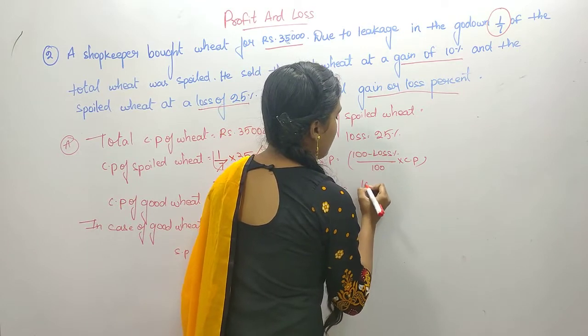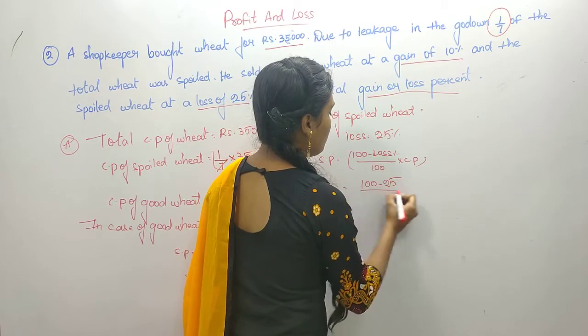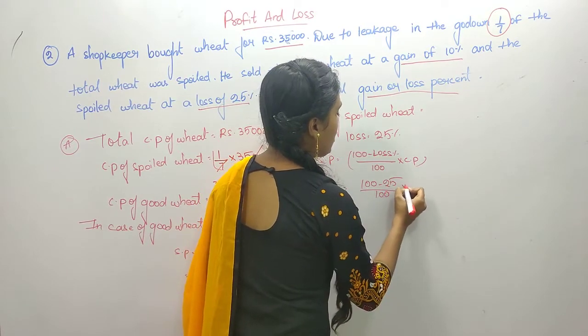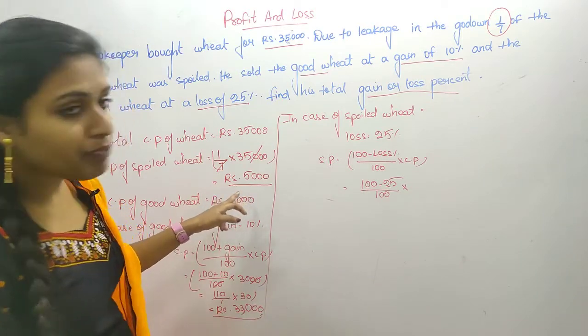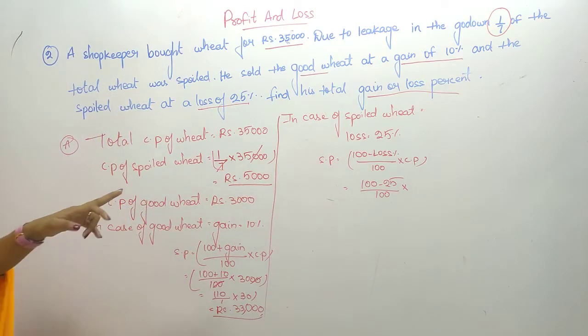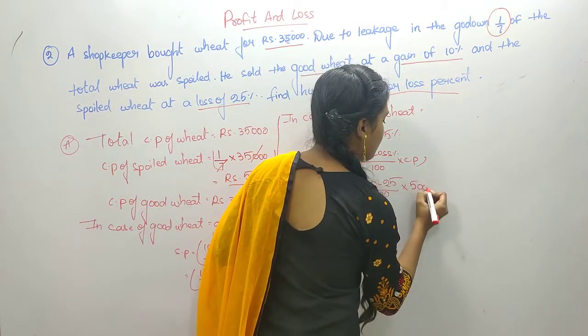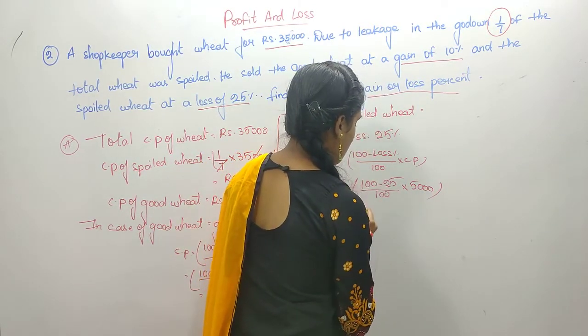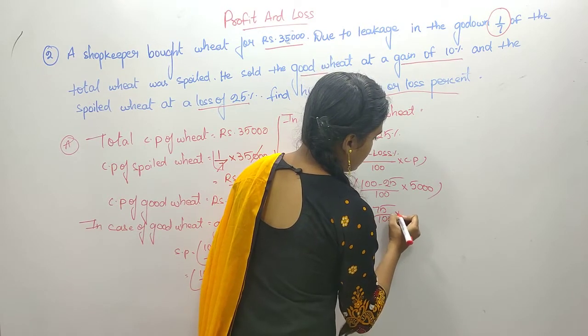Substitute: 100 minus 25, by 100, into the cost price of spoiled wheat, which is 5,000. So 75 by 100 into 5,000.